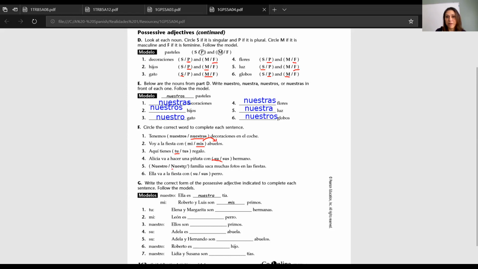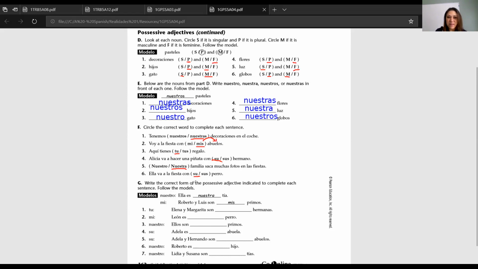Nuestra, yes, because familia is singular and feminine. We do care about gender on the nosotros, nosotras form. Ella va a la fiesta con su perro. Primo is cousin and perro is dog, so the dog is not the cousin.